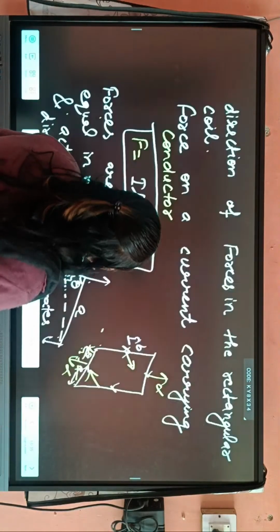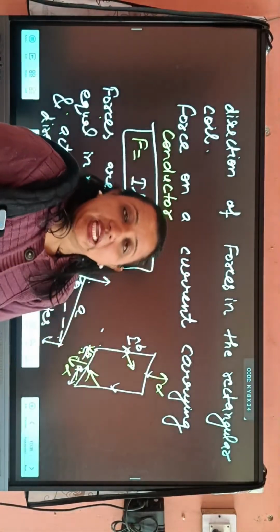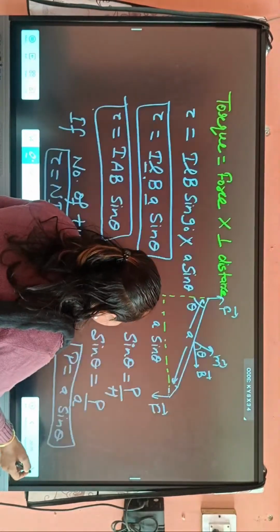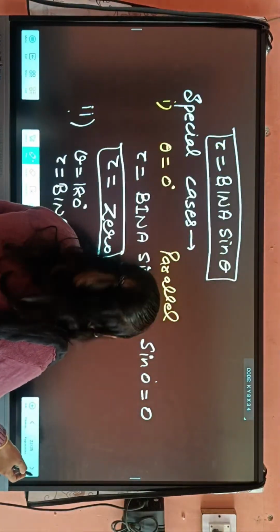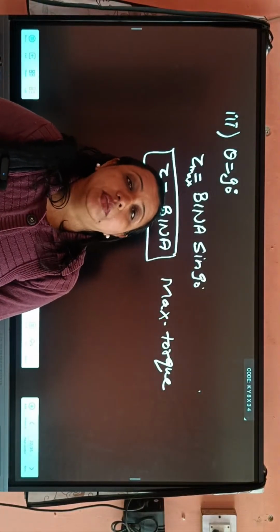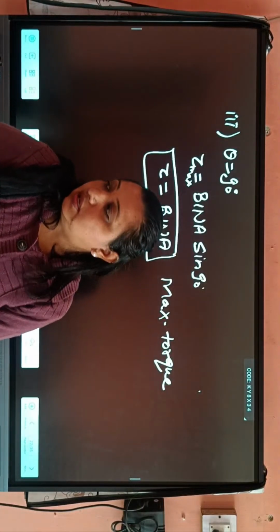So this is the principle of moving coil galvanometer. Now we will discuss what a moving coil galvanometer is. This is a very important concept, very important topic and may be asked in your CBSE board exams.